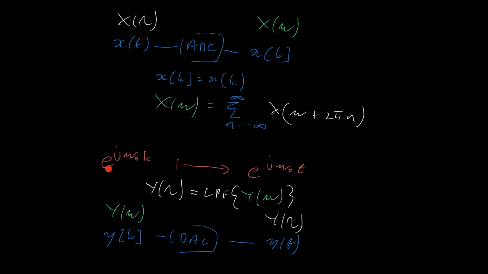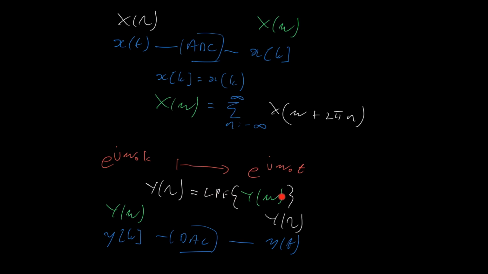At the start of this chapter, we explained that if we've got e to the j omega naught k going into our D to A converter, then provided omega naught is between minus pi to pi, the signal coming out is just given by replacing k by t. And so this means that the Fourier transform of y of t is just given by low-pass filtering the discrete-time Fourier transform of y of k.